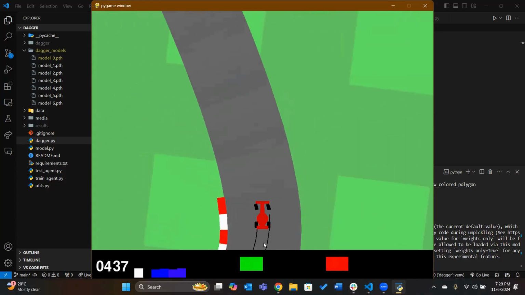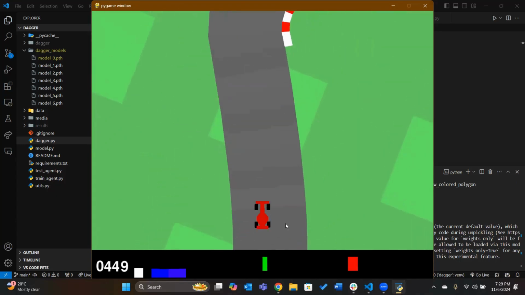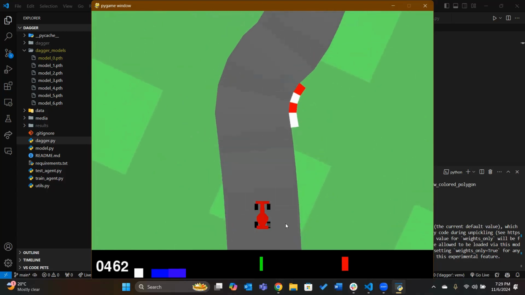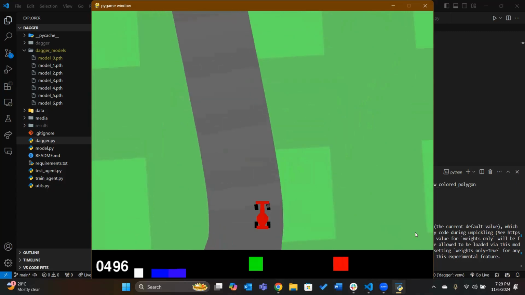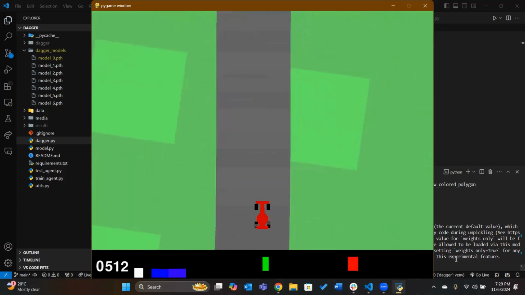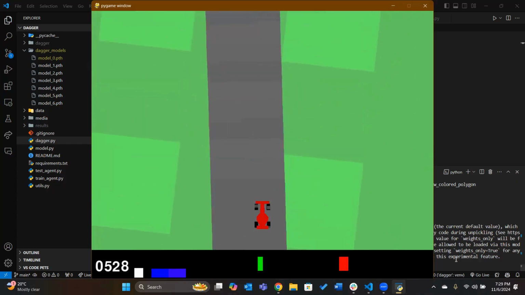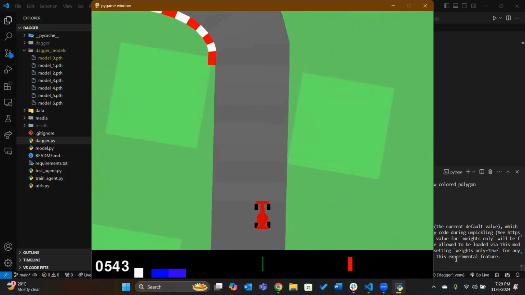Sometimes you have to have both to keep balance of the car. And I think for the past 2 minutes, the car hasn't gone off the road anyway.